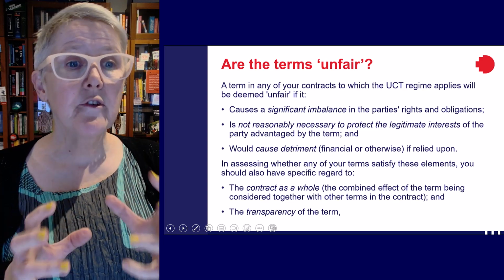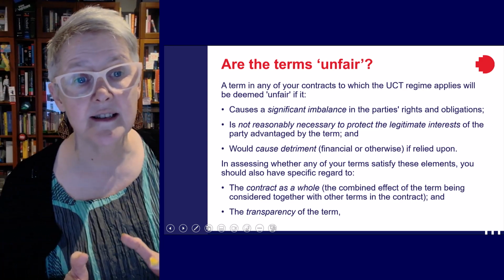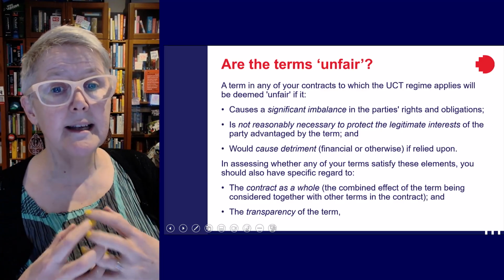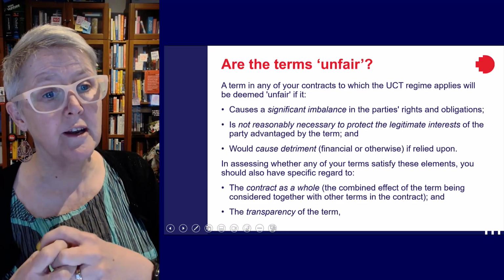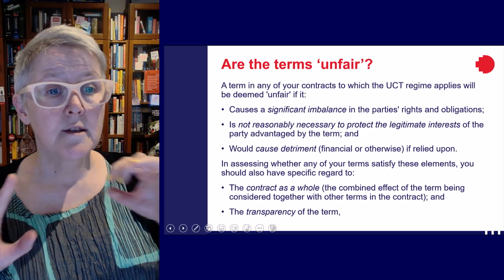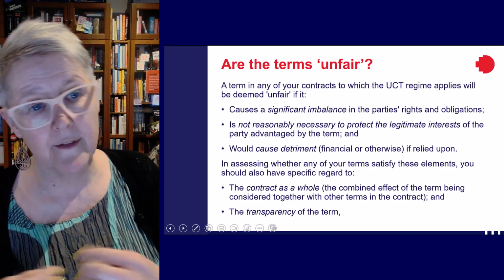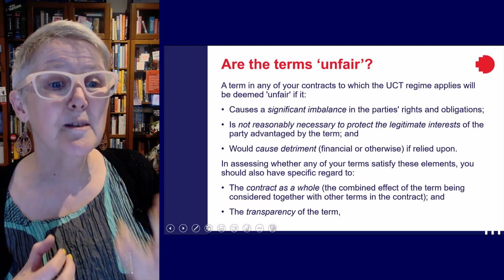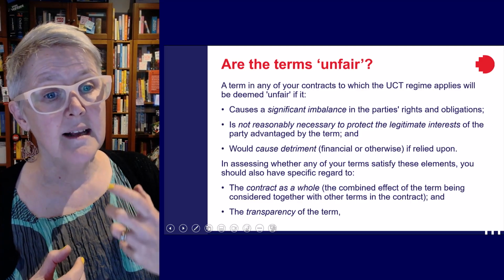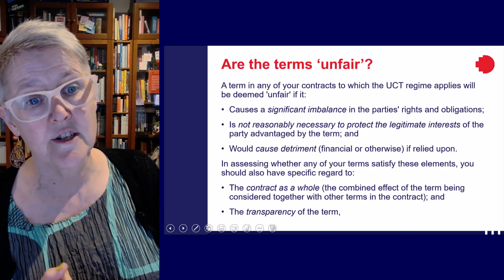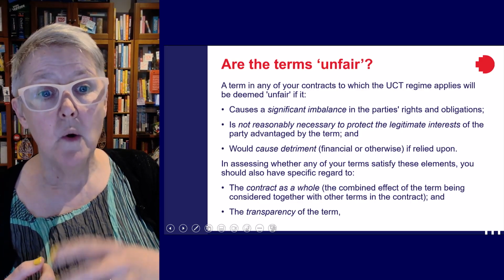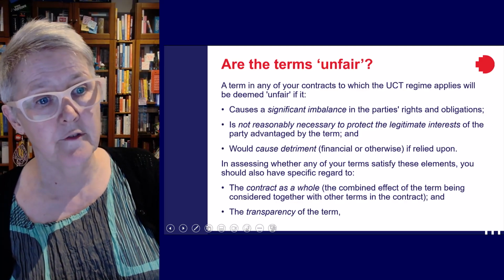In assessing whether any of the terms satisfy these elements, companies need to have specific regard to the contract as a whole, so the combined effect of the term being considered together with all of the other terms in the contract, and the transparency of the term, as these are the essential considerations a court is going to take into account when determining whether a term is unfair.